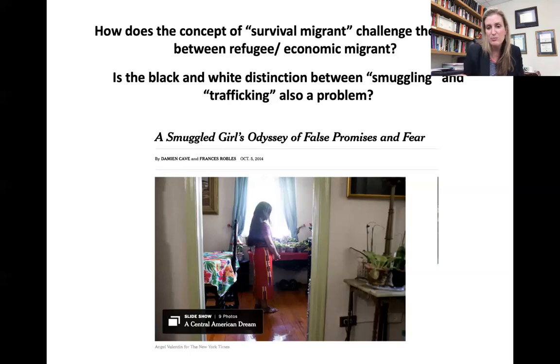So if you're not labeled a refugee and you're labeled a migrant, it gives the misconception to taxpayers and US voters, for example, that people like Cecilia are coming to the United States because they choose to, right? And it puts all of those survival migrants, Cecilia is a survival migrant, into the category of migrant, and it sort of is synonymous with economic migrant in the United States, right?